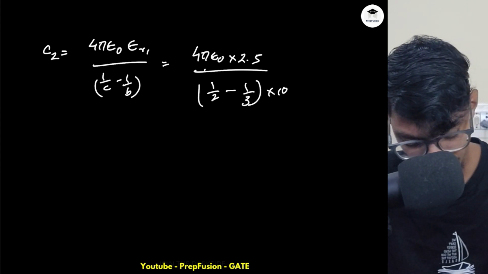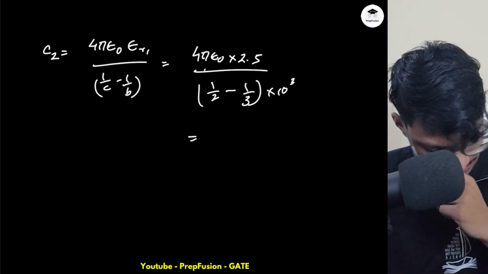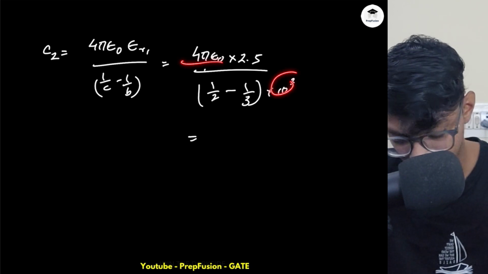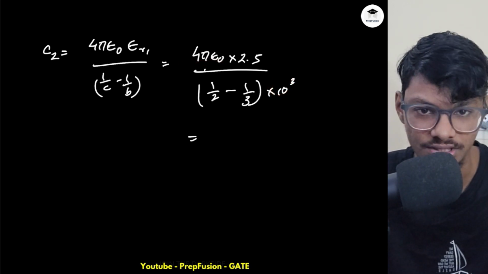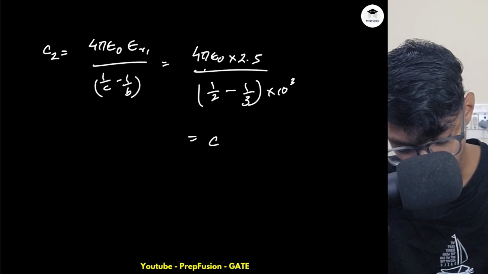So I will just simplify this further. So 4 pi epsilon naught by 10 raised to power 3, right? I can write this as a constant, any constant, so I can write this as a constant C. Okay.